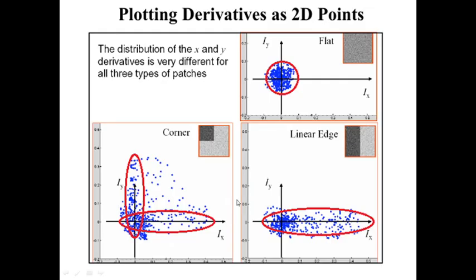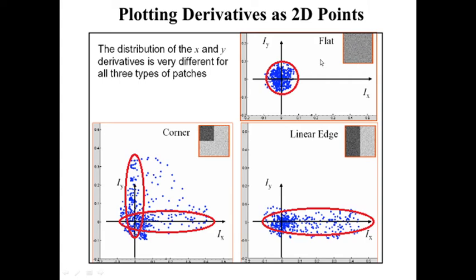Okay, so here what you are able to perceive is that the distribution of the x and y derivatives is very different for all the three types of patches. So this is my homogeneous patch, right, where I can find a uniform intensity everywhere in its pixels.